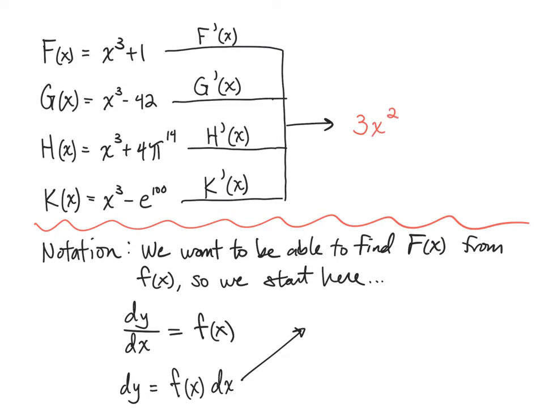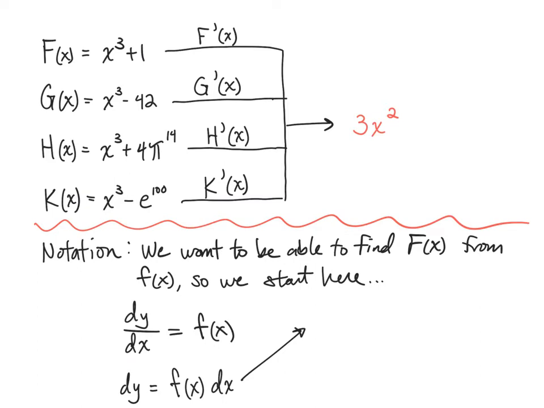Remember how the derivative works? For any variable with a power, we can just use the power rule, bring the power to the front, that's why the 3 is in the front, and subtract 1 from the power, now it's 2. The derivative of any constant is 0. Yes, pi to the 14th power, that's a number raised to another number, that is a constant. All of this is a constant, all of this is a constant.